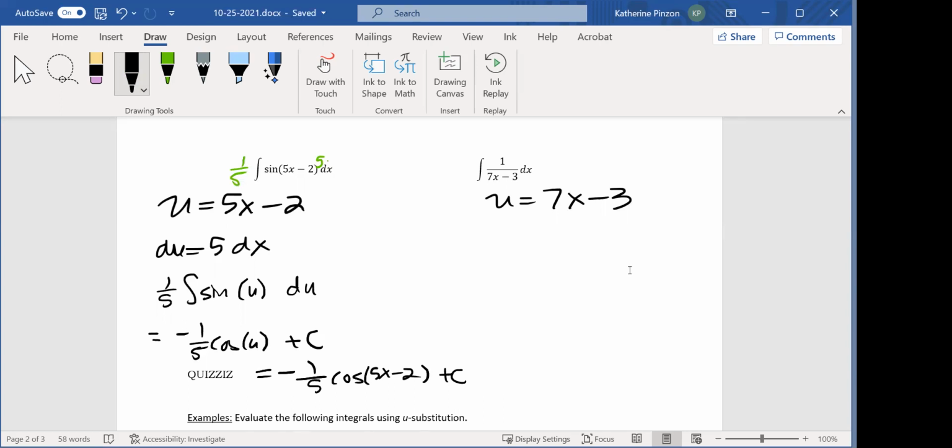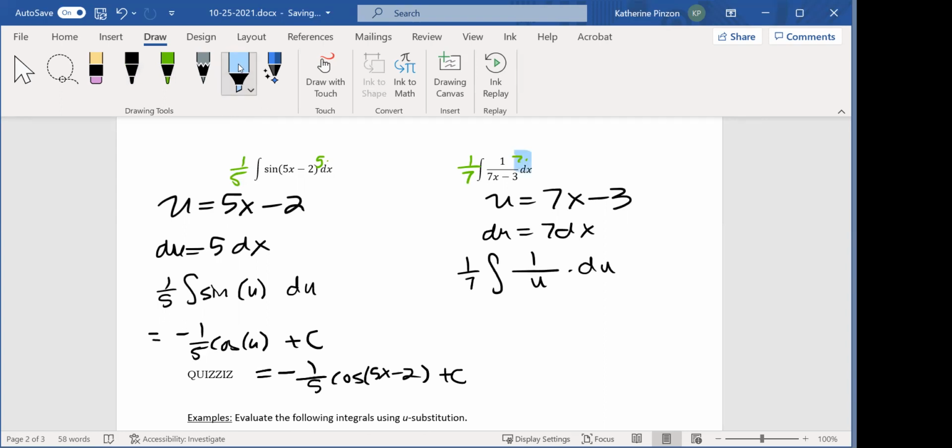Okay, I picked my u to be 7x minus 3. What's the derivative of 7x minus 3? 7 dx. Okay, so I need a 7 in here. If I put a 7 in there, I have to put a 1/7 in the front. Perfect. So I have 1/7, 1 over u du.